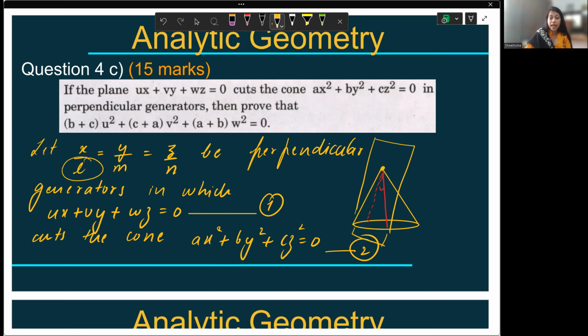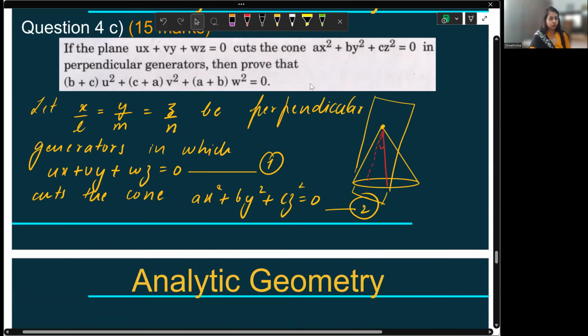Because I have not given any value to l, m, n, so this l, m, n is an unknown variable. And there are two possible answers for these: l1, l2, for m also m1, m2, for n also n1, n2. So there are two possibilities of direction ratios. Those two sets of direction ratios will give me two lines, and those two lines represent those two perpendicular generators.